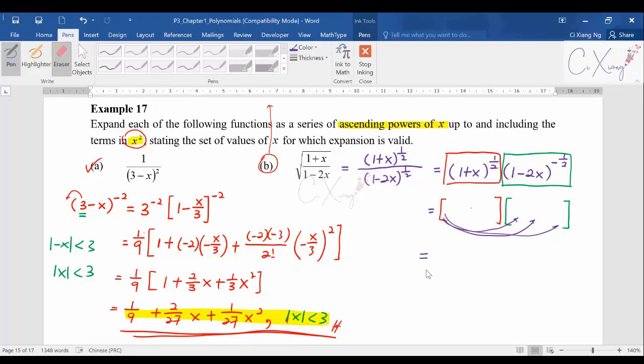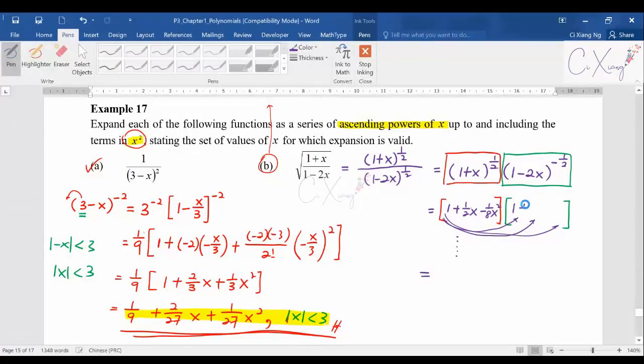Okay, so to get the answer, if you continue correctly, you should get this one. Can I show you the red color part first? You should get 1 plus 1 over 2x minus 1 over 8x squared.